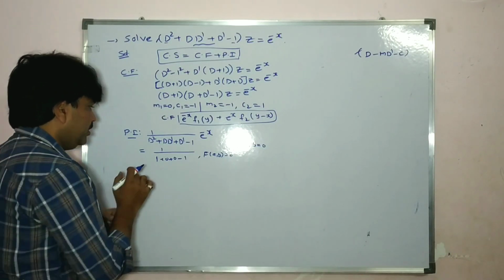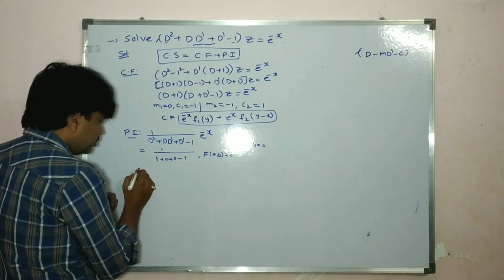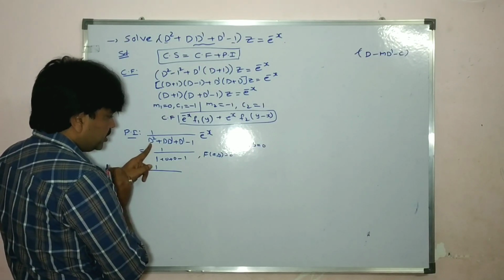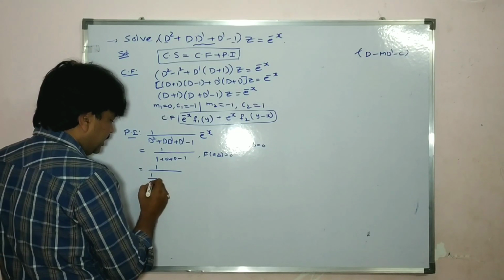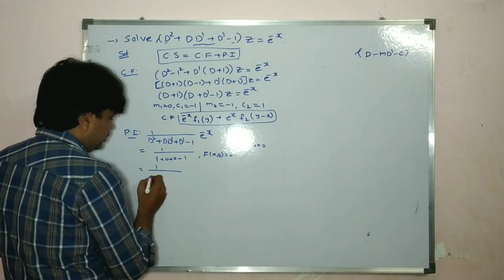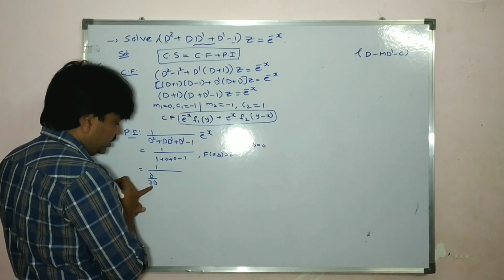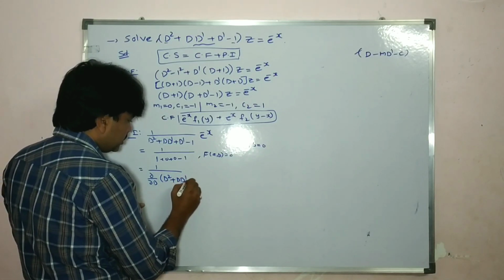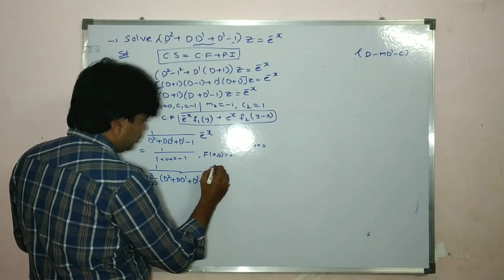Okay. In such case, when f of a comma b is equal to 0, you differentiate the denominator with respect to d, students. So 1 by dou by dou d of (d square plus d dash plus d dash minus 1) into e power minus x.